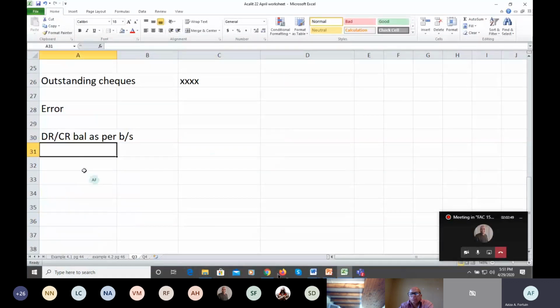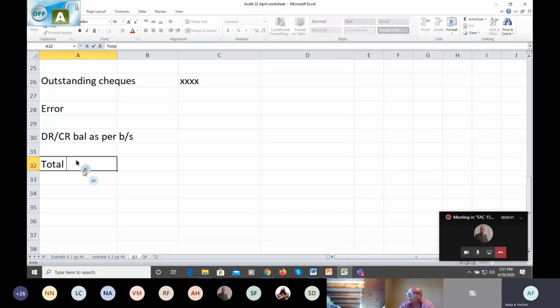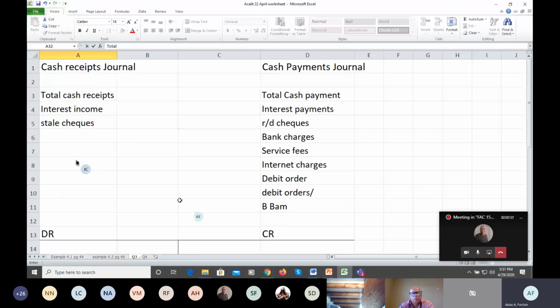Okay, so let's look at the next example. Question 4 says the following information for the month ended 30th of November 2017 relates to Malaba Attorneys. The credit balance of the bank account in the general ledger on 31 October amounts to 1,200 Rand. So they said to us the credit balance amounts to 1,200.